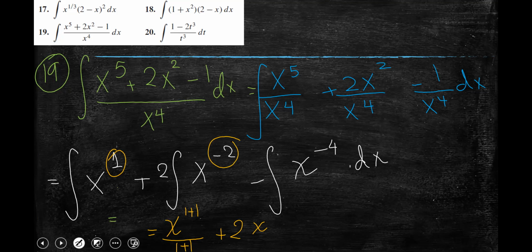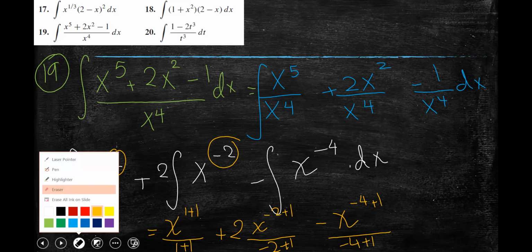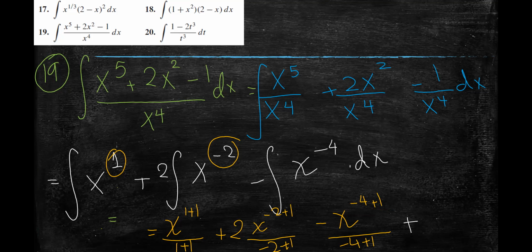Negative 2, so I will add 1: negative 2 plus 1 over negative 2 plus 1, minus x to the power negative 4. So I will add 1 here over the new exponent, which is negative 4 plus 1, plus c.